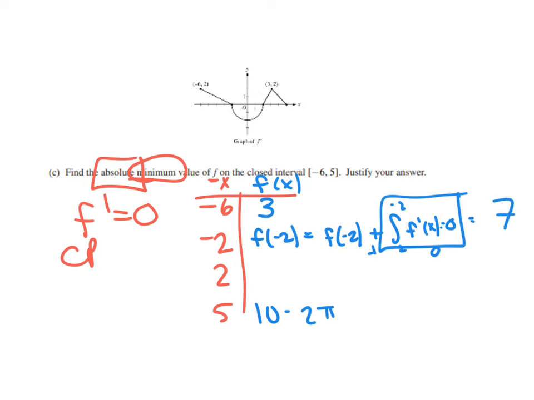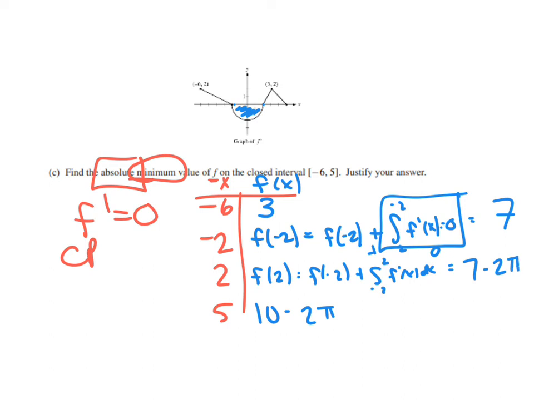So I think that gets me a nice 7. Then I would write my function for f of 2. So I start with that initial condition plus the integral from -2 to 2 of f prime of x dx. So I need the area from -2 to 2. So -2 to 2 was the area of that semicircle, which we believe we said was -2 pi, plus the initial 7. So I've got 7 minus 2 pi.